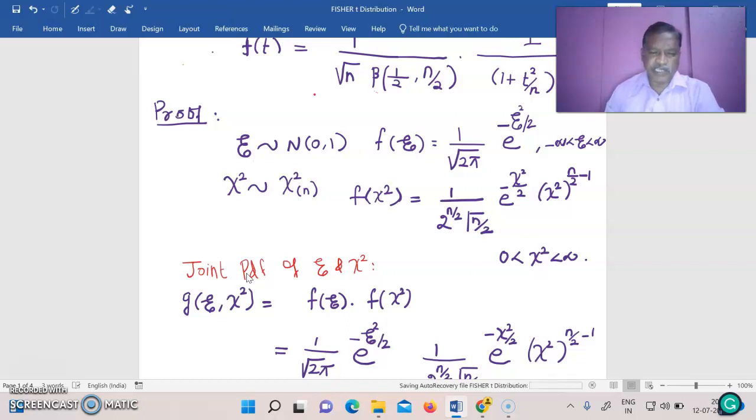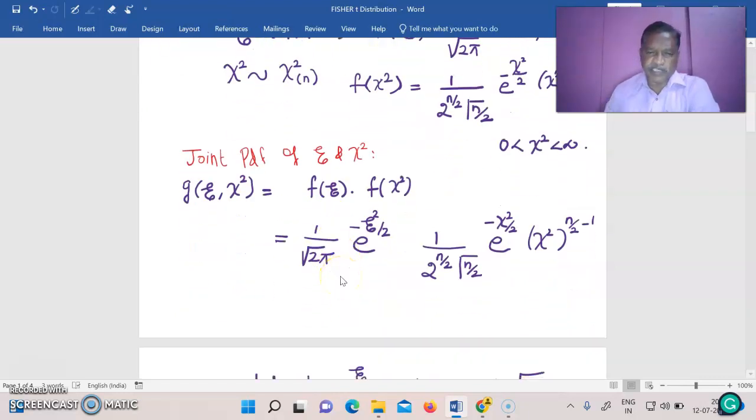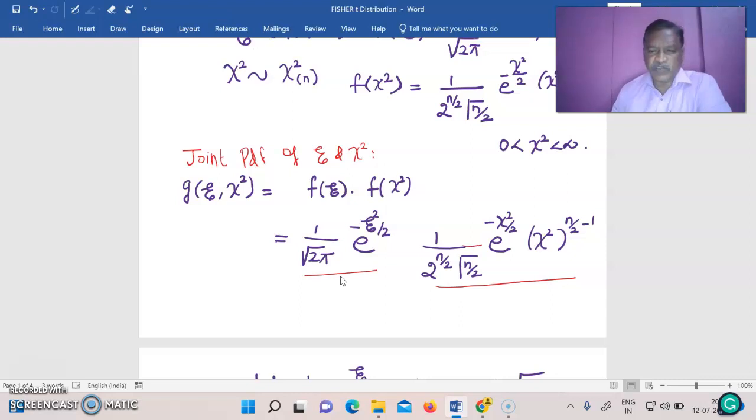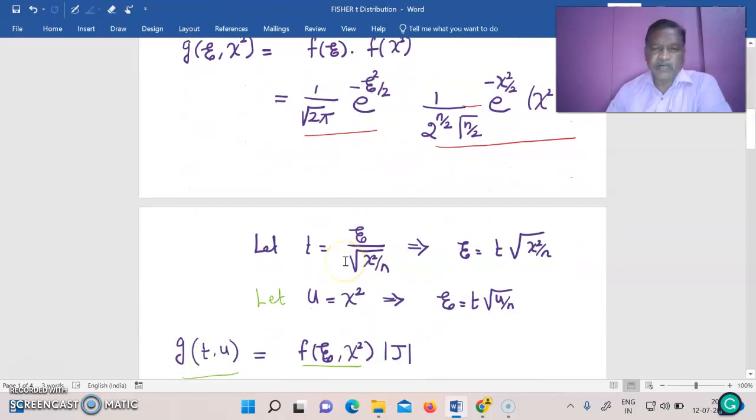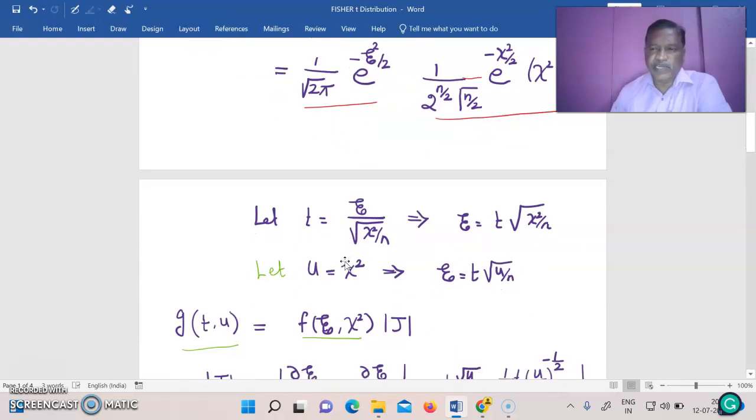Therefore, the joint density function of psi and chi-square is equal to the product of the marginal density functions, that is, product of f of psi and f of chi-square. Now substitute the probability function of psi, 1 divided by square root of 2 pi into e power minus psi square by 2, multiplied with the probability function of chi-square, 1 divided by 2 power n by 2 into gamma n by 2, multiplied with e power minus chi-square by 2 into chi-square power n by 2 minus 1.